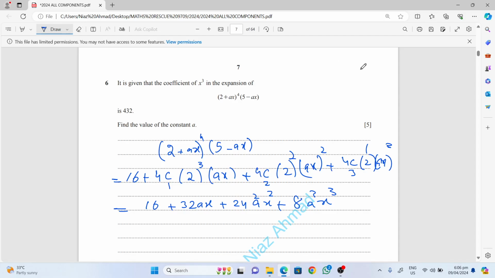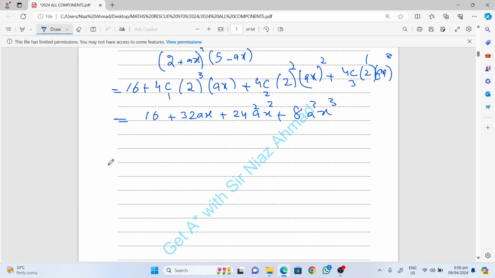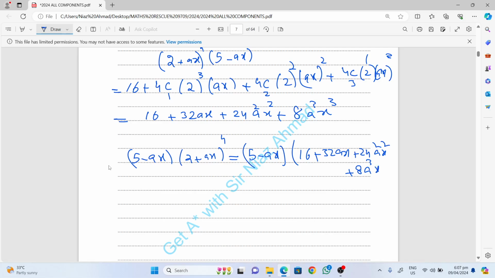You can say this is 5 minus ax, and then (2 plus ax) whole power 4 is equal to 5 minus ax times the whole expansion, that is 16 plus 32ax plus 24a squared x squared plus 8a cube x cube.